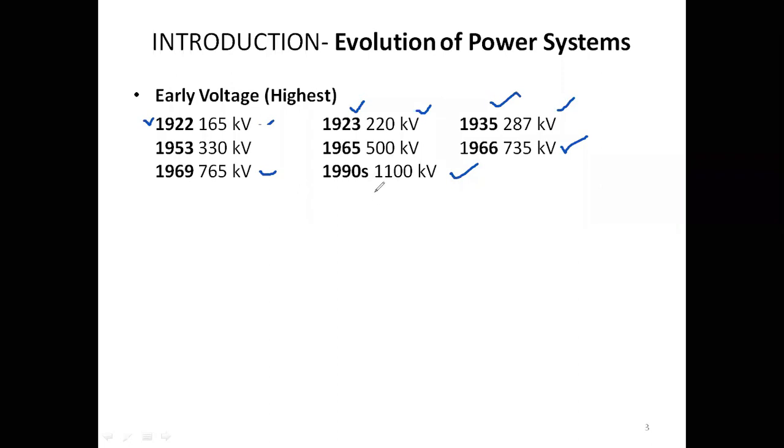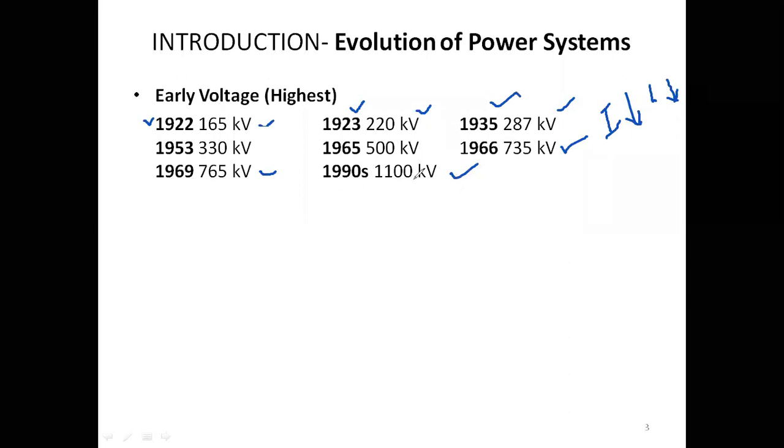If we go for more and more voltage, then the current will be reduced and losses will be reduced. That's why you have to go for higher voltage in order to transmit power over long distances.